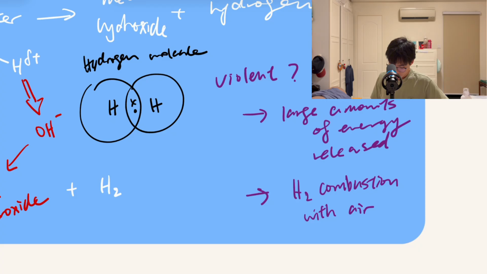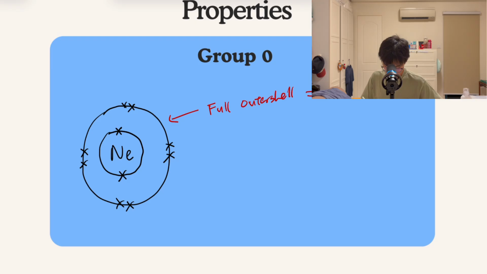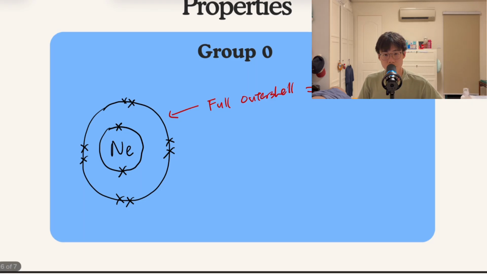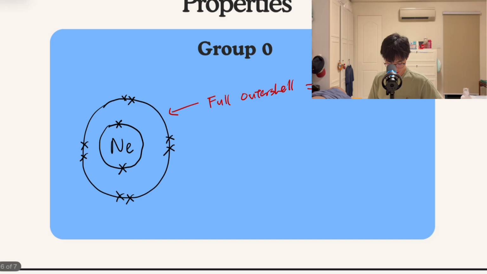And so, as we continue to move downwards, I want to talk a little about group 0. This group is known as the noble gases, where, as you can see, this is a neon atom with atomic number 10, and its electron configuration is 2, 8.